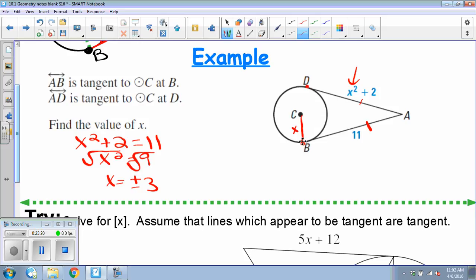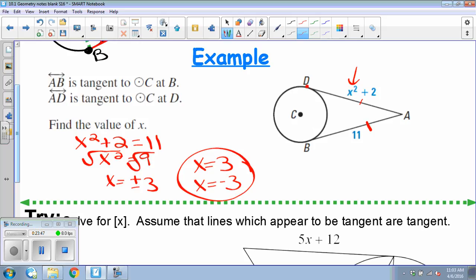Does that make sense? So you have to go back and look at the diagram, especially if one answer is positive and one negative, and make sure that the negative is legal. In this case it is. So x equals positive 3 and x equals negative 3. Okay? Any questions?